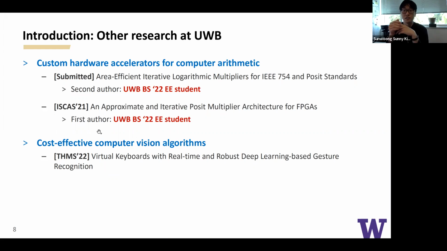And in addition, its extended version was submitted to a journal. And lastly, I'm collaborating with some computer vision experts, and we recently published a journal article related to virtual keyboards based on deep learning. So anyway, from the next slide, I will introduce Sharmila's work about a homomorphic encryption-based image filter.